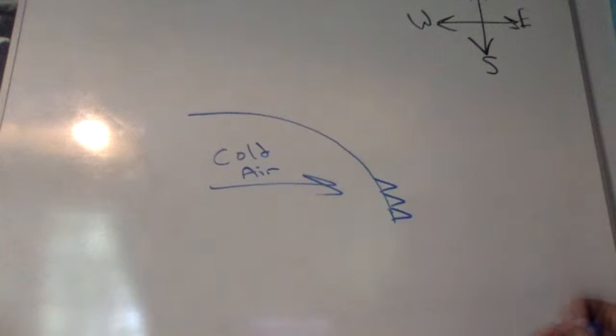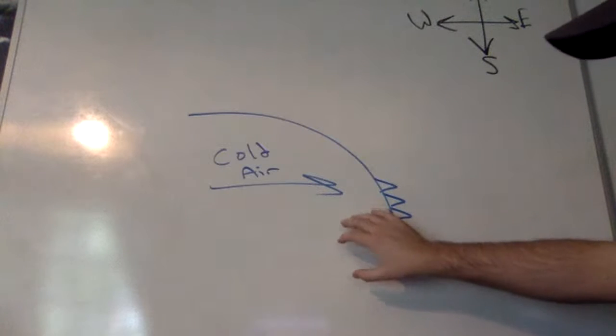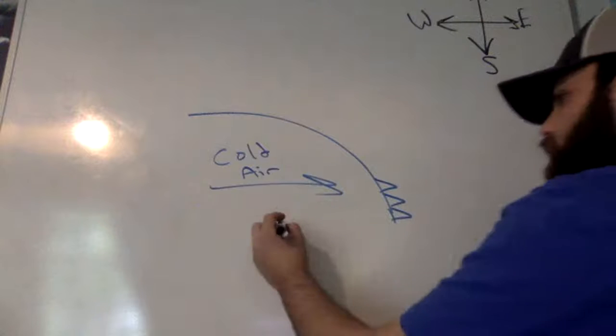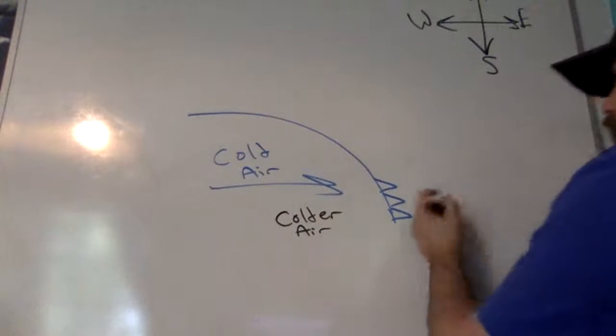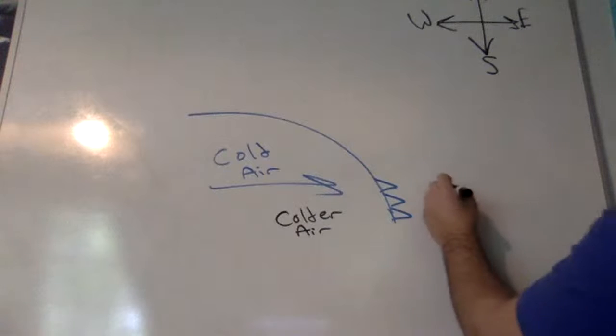It's heading east. So what's going to happen with temperature, which we just answered for number 5, is that the temperature on this side is going to be a lot colder. So you have colder air. And on this side of the cold front, you're going to have warmer air.